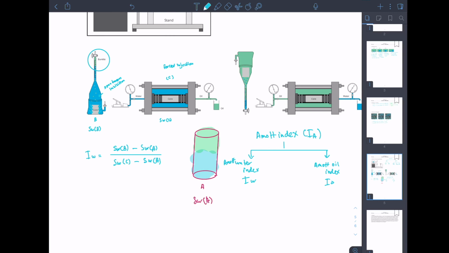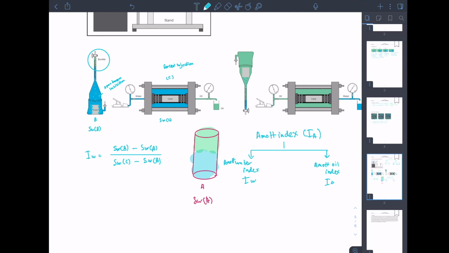What really happens is the following. In the upper part, we're comparing the spontaneous imbibition to the initial saturation, and in the lower part, we're comparing the forced injection to the initial saturation, and that's the Amott water index. Then to complete the Amott index, we need to find the Amott oil index.